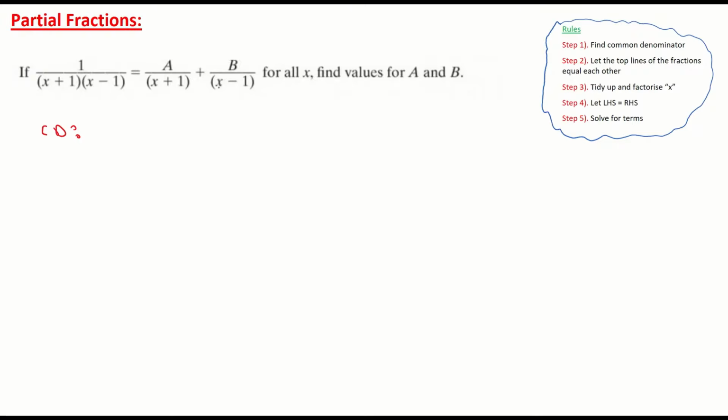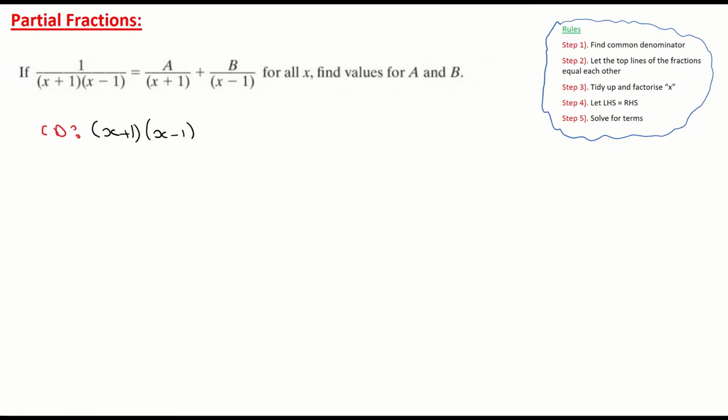It's when you multiply the denominators, which is your x plus 1, which is this one here, multiplied by the x take 1, which is this one. So I'm basically multiplying the two denominators, and that's my common denominator. My next step then is to factor that into my fractions. So let the top lines of the fraction equal to each other once we sort out our common denominators.